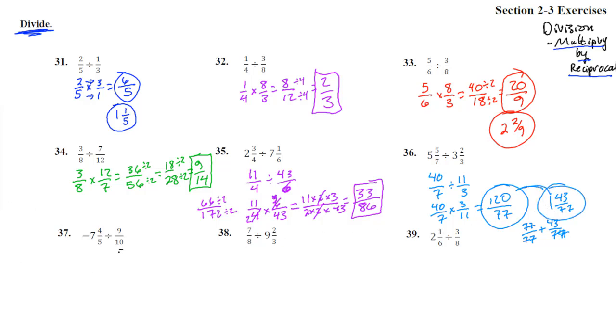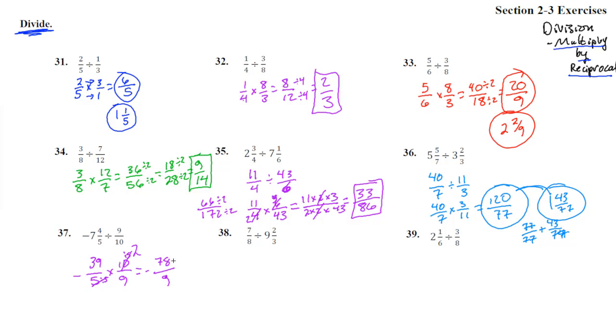All right, next one. 5 times 7 is 35, plus 4 is 39/5, negative, times 10/9. Now if you multiply these straight out, you get 390 over 45, and then we can work on simplifying. But can you see that we can divide by 5 here and divide by 5 here? That leaves a 2 there. I like that. 39 times 2 is 78 over 9, negative.